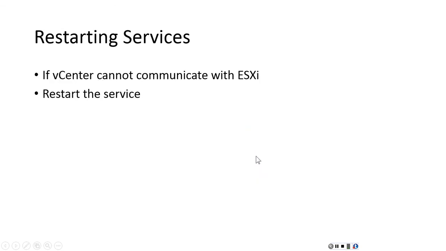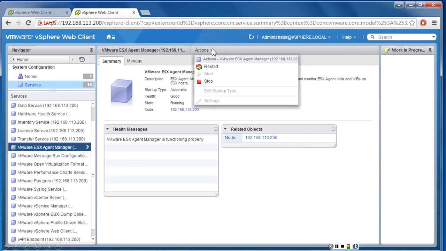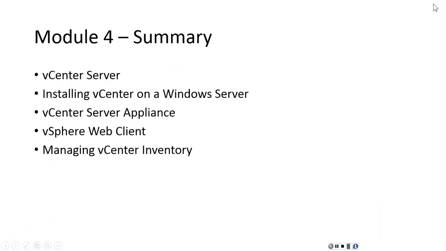So, if the vCenter server cannot communicate with the ESXi host, what you might want to do is to restart that service. To restart a service, you click on Action and then you select Restart.